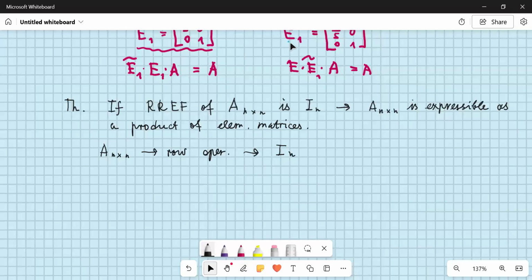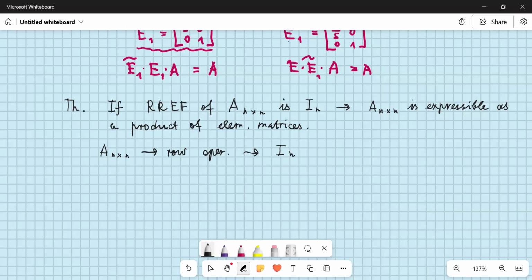Remember, we had a theorem that the matrix can either go to IN, reduced row echelon form, or have a row of zeros. Let's imagine that we don't have that row of zeros. You start working on the matrix and it goes eventually to the identity matrix after doing row operations. Remember that each row operation can be represented as a product with an elementary matrix. That's what we are going to do.